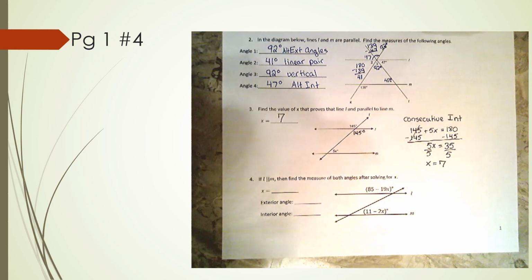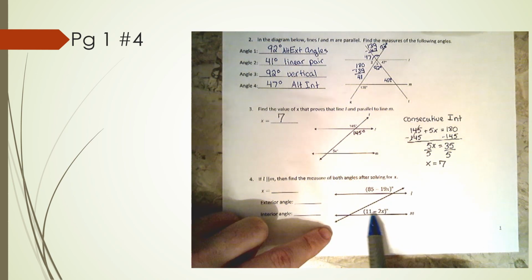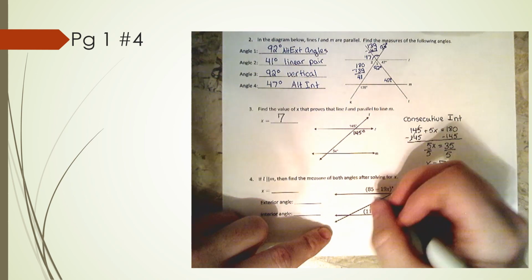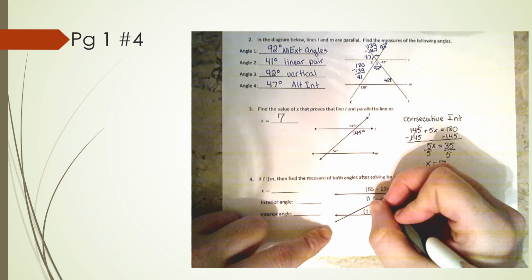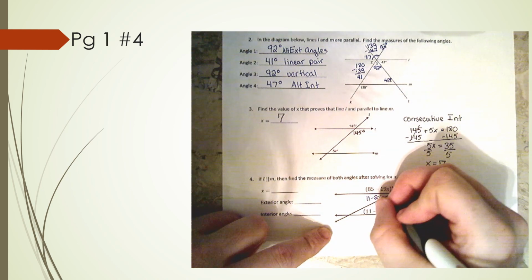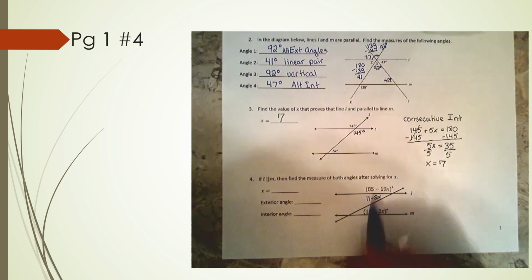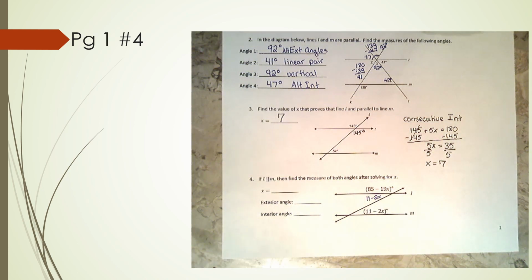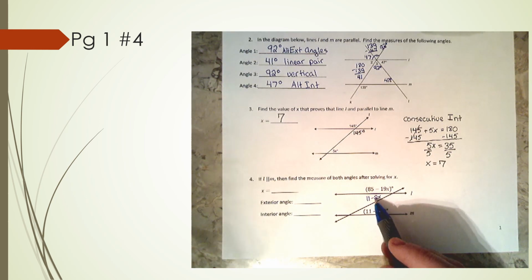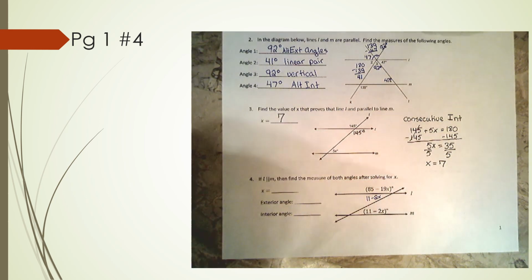The one that I'm going to do is I'm going to go ahead and move 11 minus 2x right here. The reason being, or the way I know that I could have it right there, is because that would be alternate interior angles, and alternate interior angles are congruent.